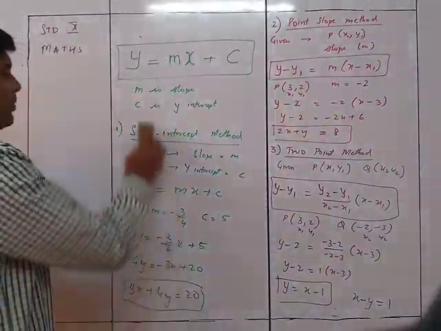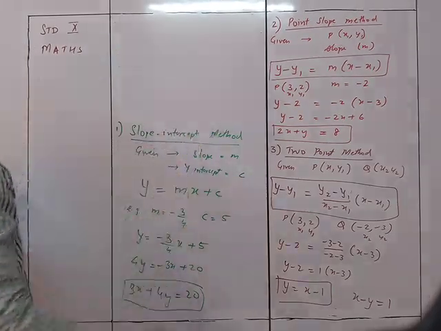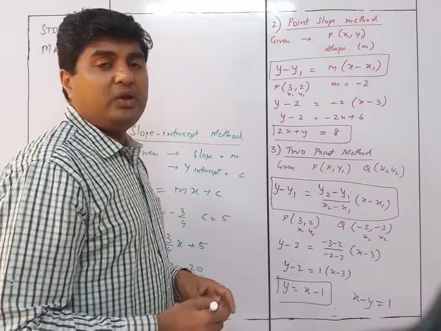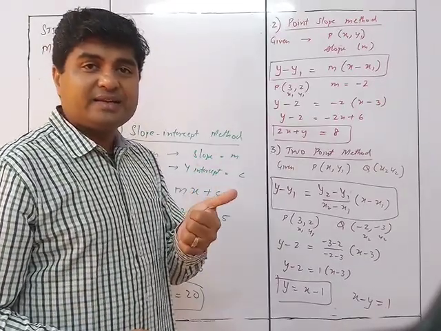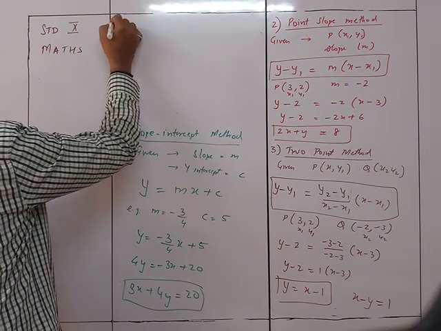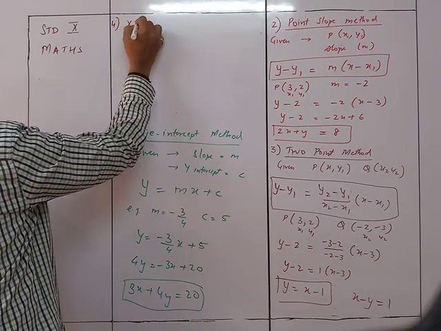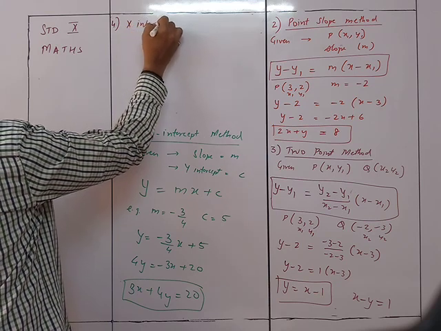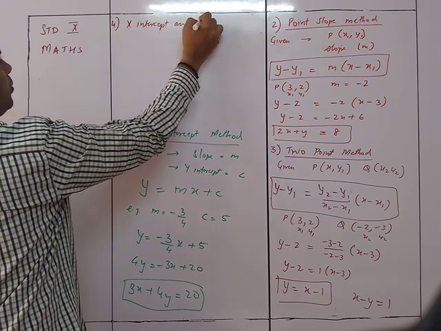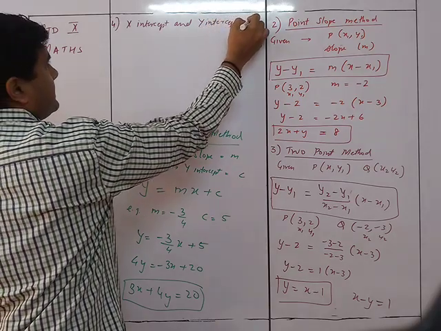There is also one more formula which is very rarely used, when you are given the x-intercept as well as the y-intercept. So the fourth method is the x-intercept and y-intercept method.